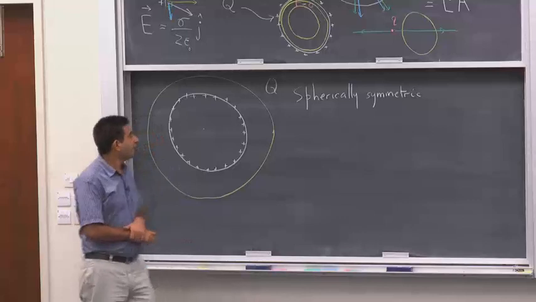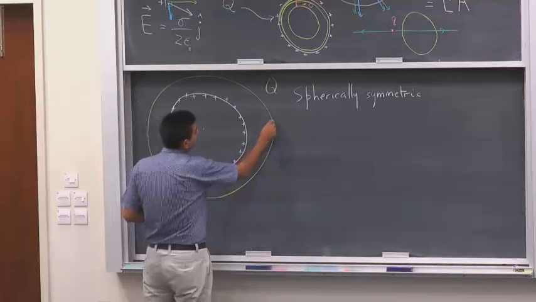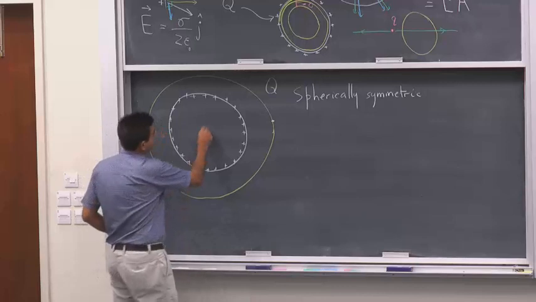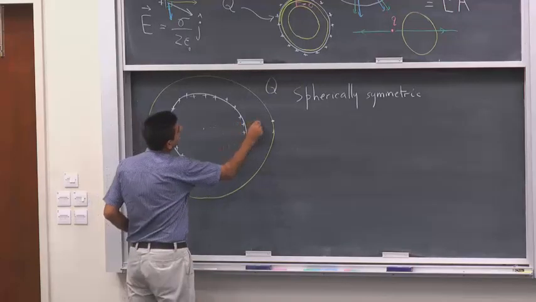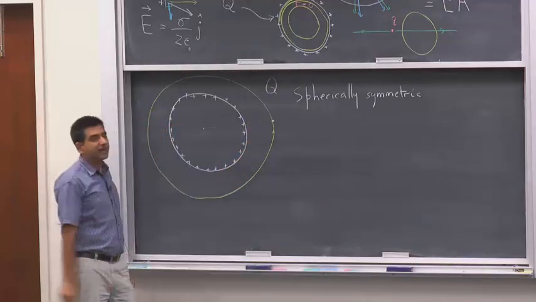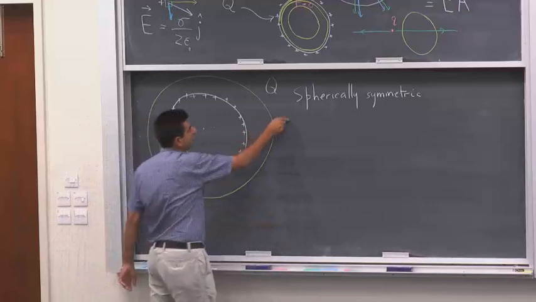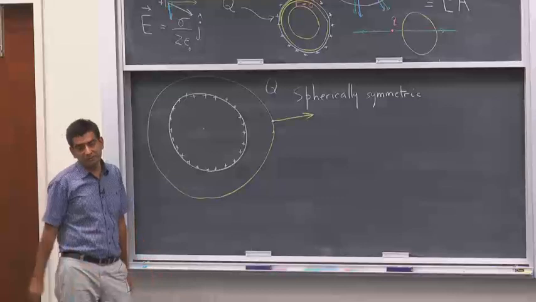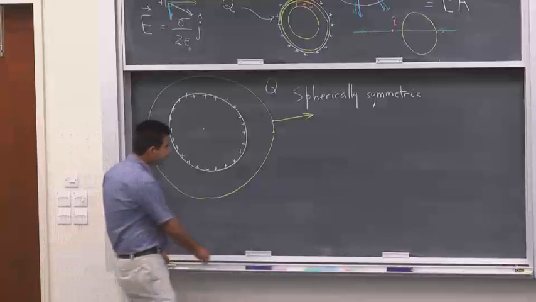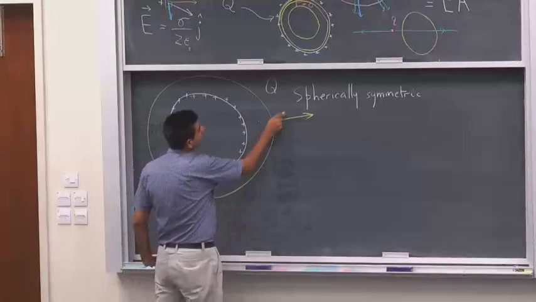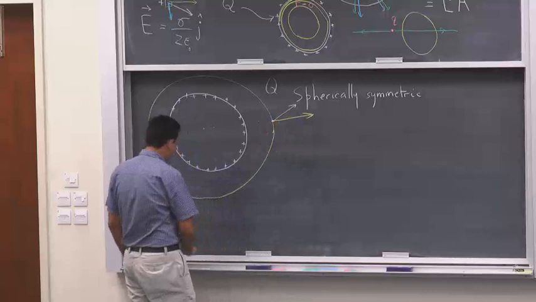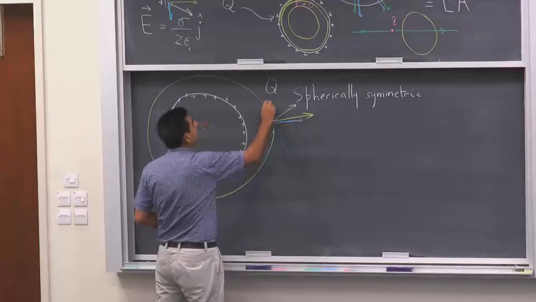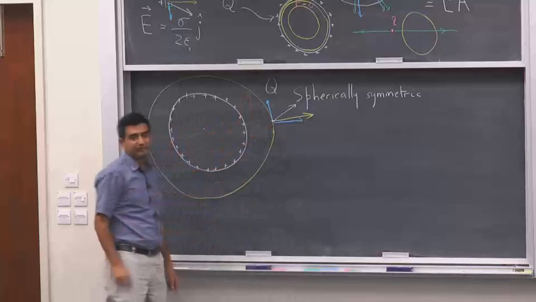Now, if I take any point here and draw the direction of the electric field, the only possible and meaningful direction in which that field can point is radially outwards. By the same arguments that we've already been using, because if the field were to point in any other direction that is non-radial, it will have two components, one that is radially outward and one that is tangential to the surface.